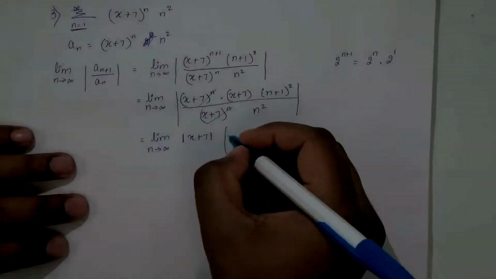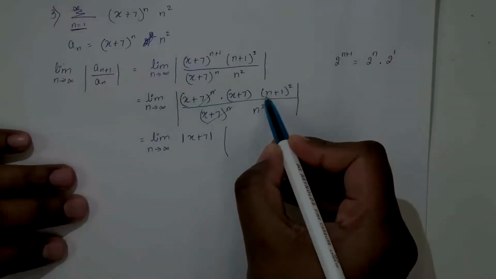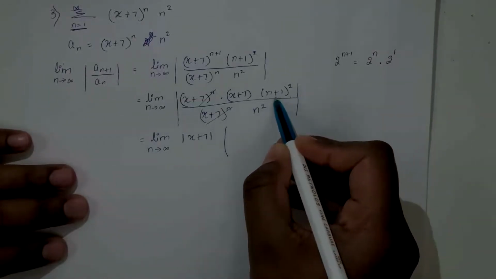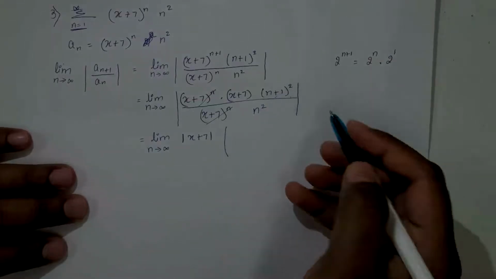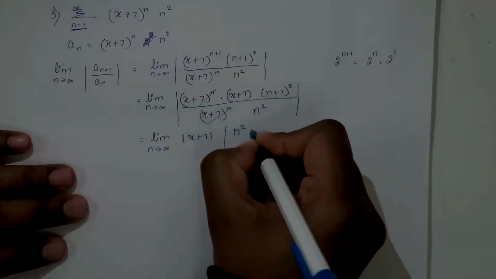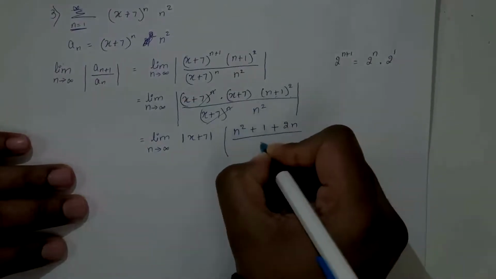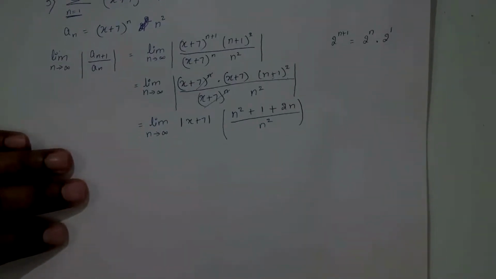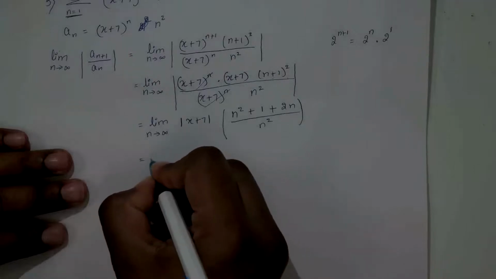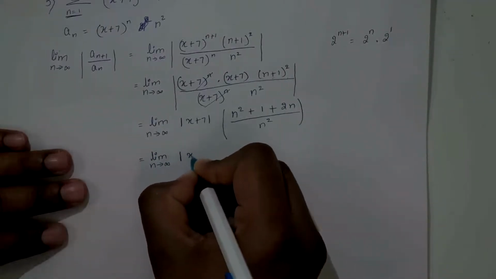So that's the reason I'm taking it outside the absolute sign, and we have n plus 1 the whole square. That is the a plus b the whole square formula, right? So we use a square plus b square plus 2ab divided by n square. Just expanding the term. Now we get limit n tending to infinity, x plus 7.